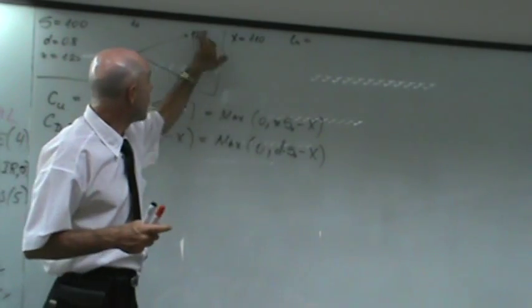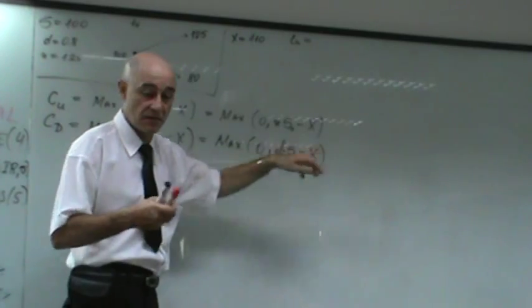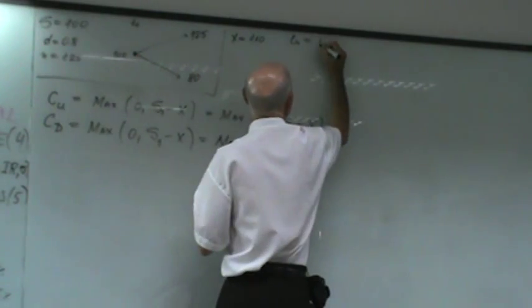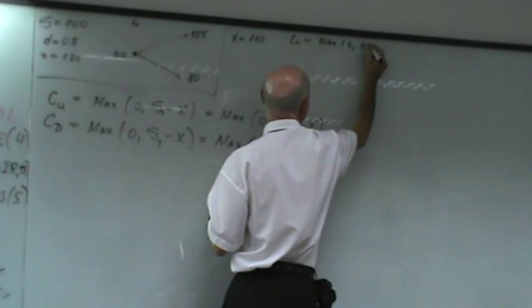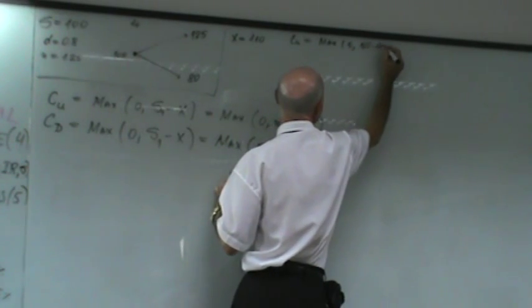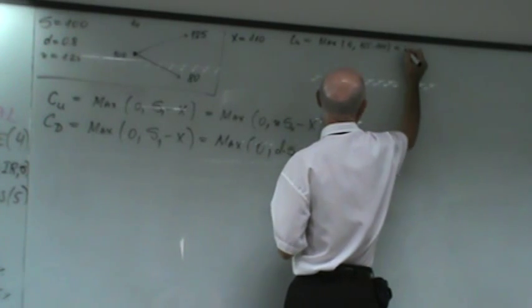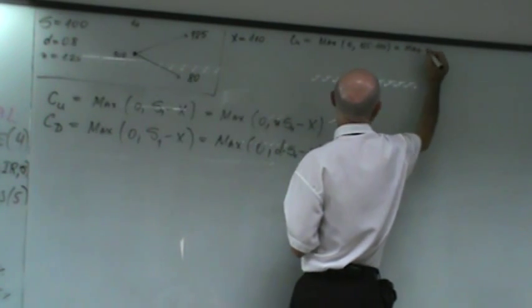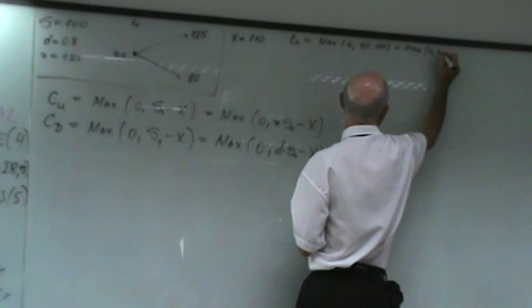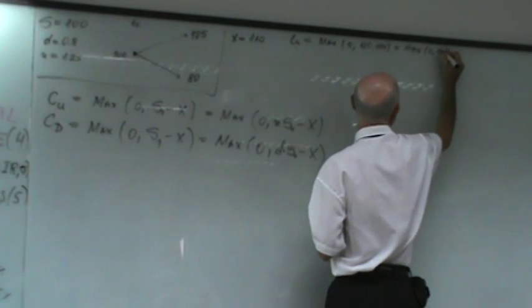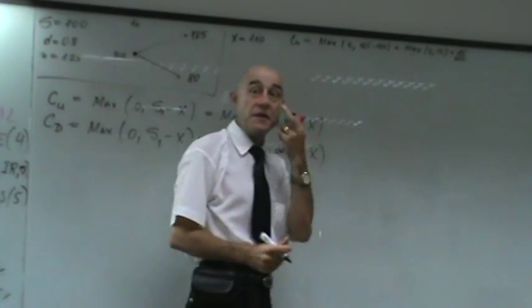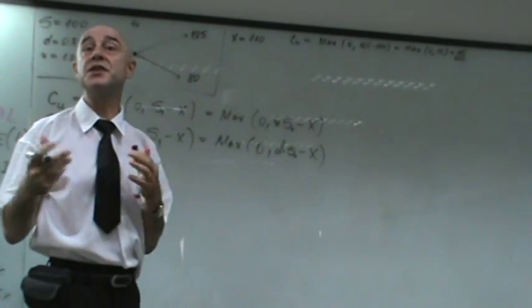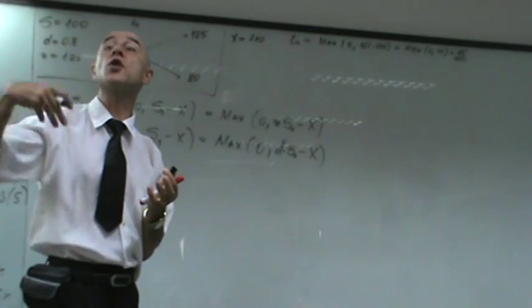It's 125 minus 110. The maximum of 0 and 125 minus 110 equals the maximum of 0 and 15, which equals 15 if the stock goes on the upside.